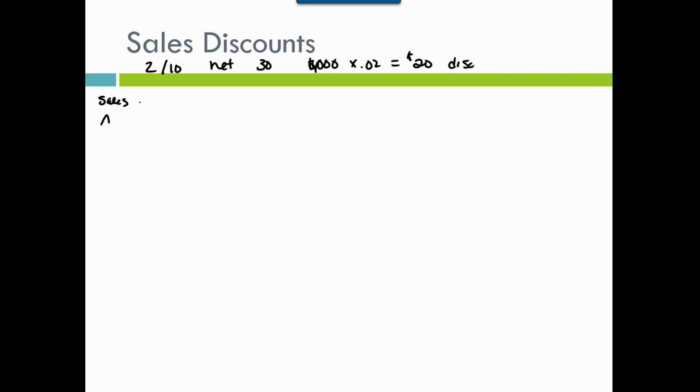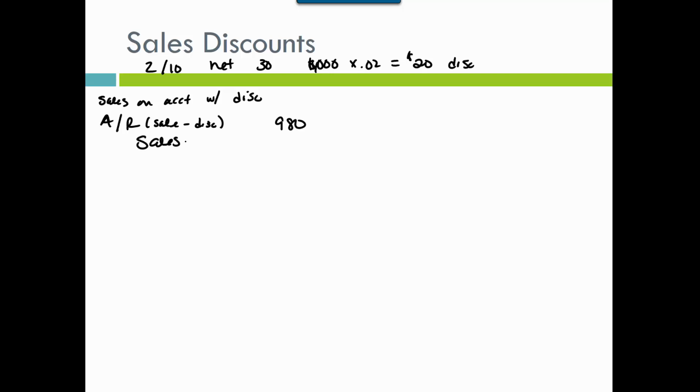So sale on account with discount. So I'll debit accounts receivable, but I'm debiting it for what I really expect to receive, which in this case is $980. That's the $1,000 sale minus the discount. So sale minus discount. And then I credit the revenue for that as well.